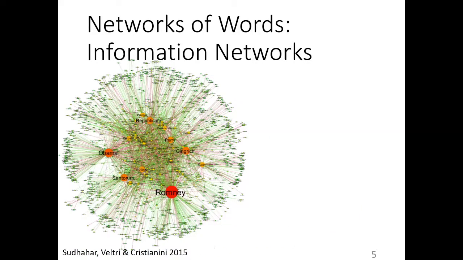Another example I want to show you is an information network. This was generated by researchers based on data on the presidential election in 2012 in the United States of America. The researchers did analyze over 130,000 news articles in order to detect noun phrases that form the nodes in these graphs. The noun phrases here represent people, political key actors, as well as issues or topics.